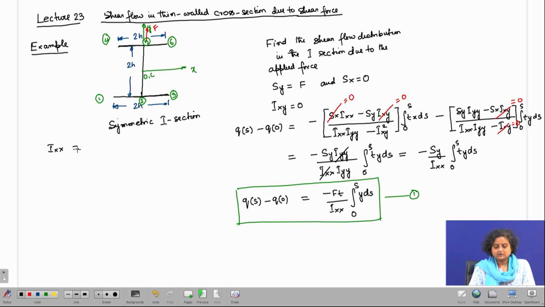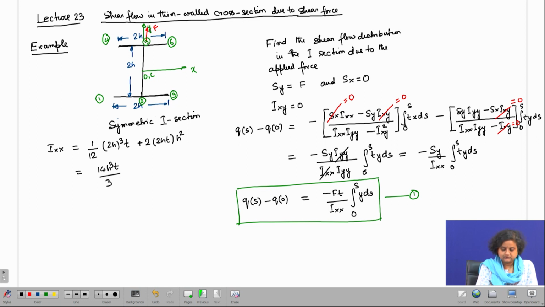For the given cross section the contribution from the web will be 1 by 12 into 2h cube into t. Now, the contribution from the two flanges are going to be 2 into 2h t, the area, into h square. So, if we sum this up, this is going to be 14 h cube t by 3. So, that is the Ixx.